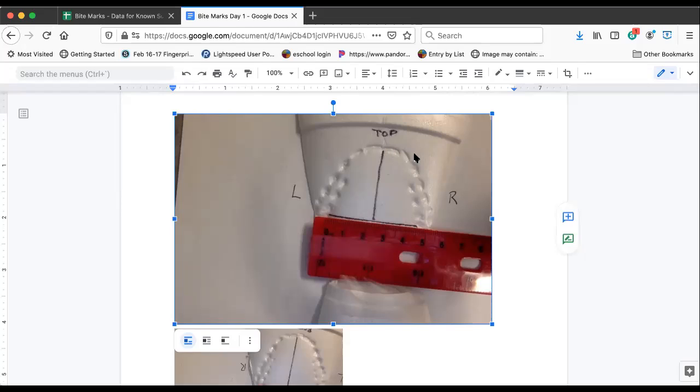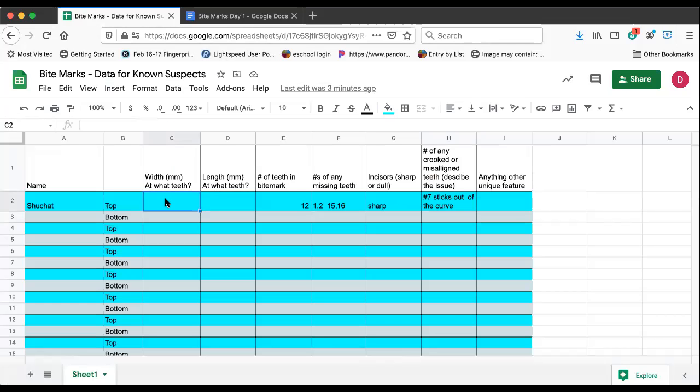So this is number 8, number 7, number 6, number 5, number 4. This is number 3. So tooth number 3 and 8, 9, 10, 11, 12, 13. So it was 45 millimeters between number 3 and 13.